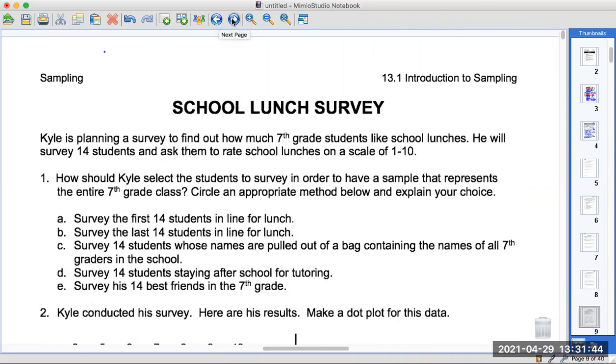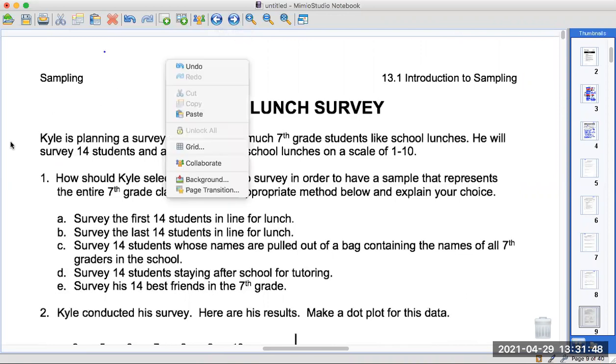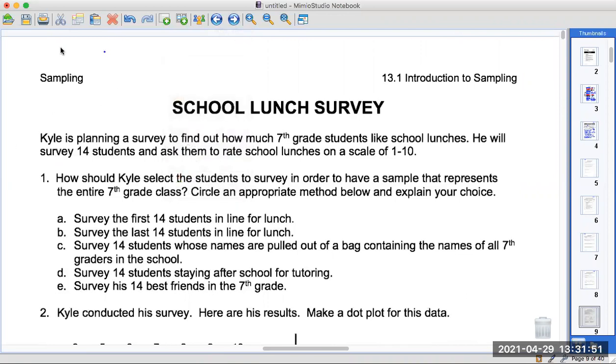This is going to be homework, but it won't be until after you do the lessons. I'm going to say in class because I don't want you to think you have to do that today for homework. You wouldn't be able to answer those yet until we do the lessons. So then we're done with lesson 1.